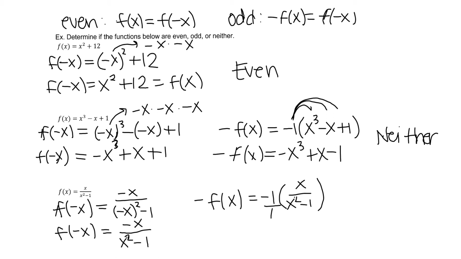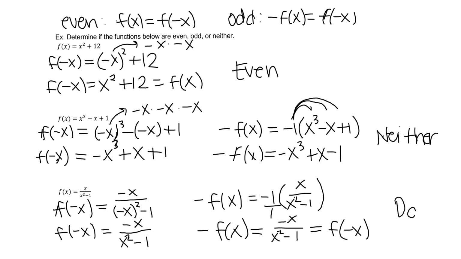So when I multiply it, I only multiply the numerator by negative 1. So it becomes negative x over x squared minus 1, which is the same thing that we got for f of negative x. So it does equal f of negative x. So we have negative f of x equals f of negative x. So this function is odd.